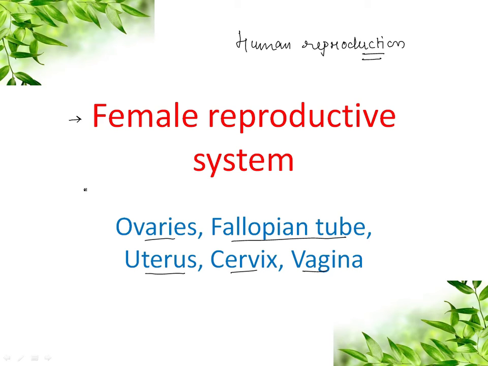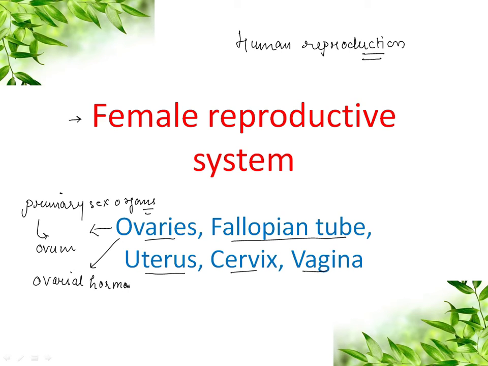it consists of the ovaries, which are the primary sex organs. They are called primary organs because they are responsible for the formation of ovum. They also secrete the ovarian hormones, which are steroidal in nature.